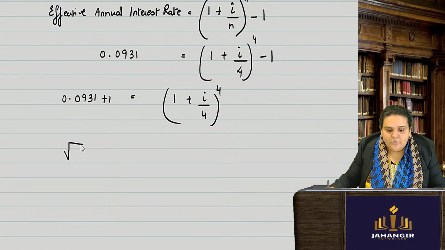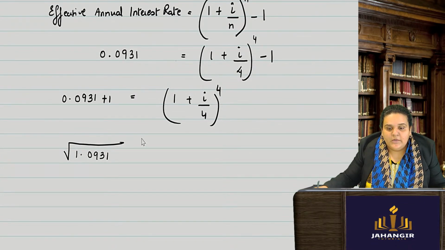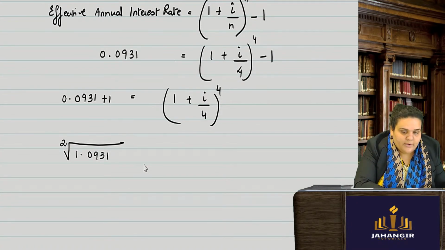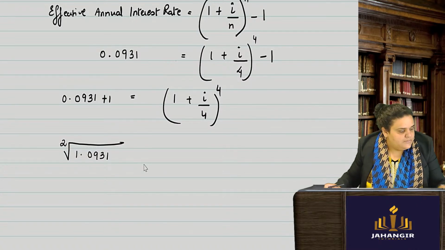But square root only means 2, no? So I'll have to do it twice, because this is raised to 4. On your calculator, take 1.0931, and press square root twice.